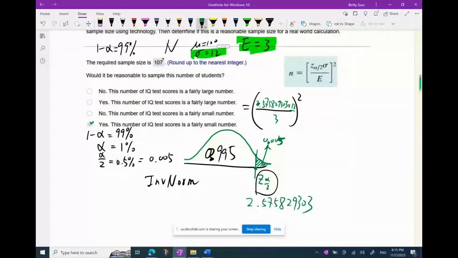So this is what I would do. I already have the critical value on my calculator, so I don't have to enter it again. When you multiply by 12 and then divide by 3, 12 over 3 is 4, so just multiply by 4.